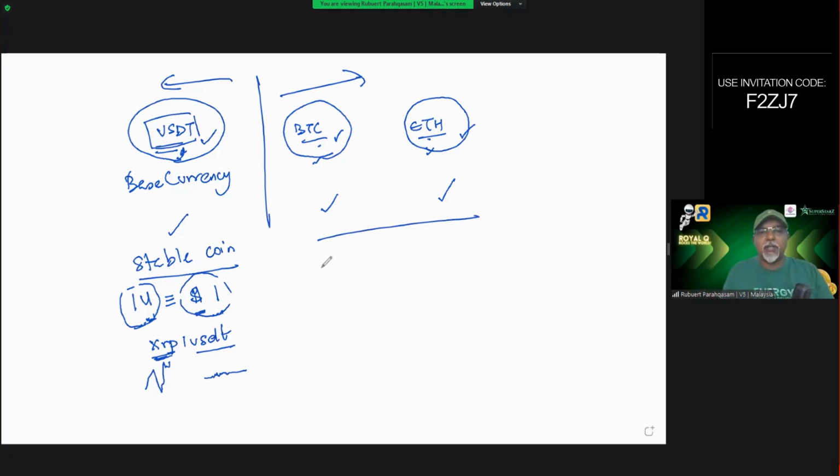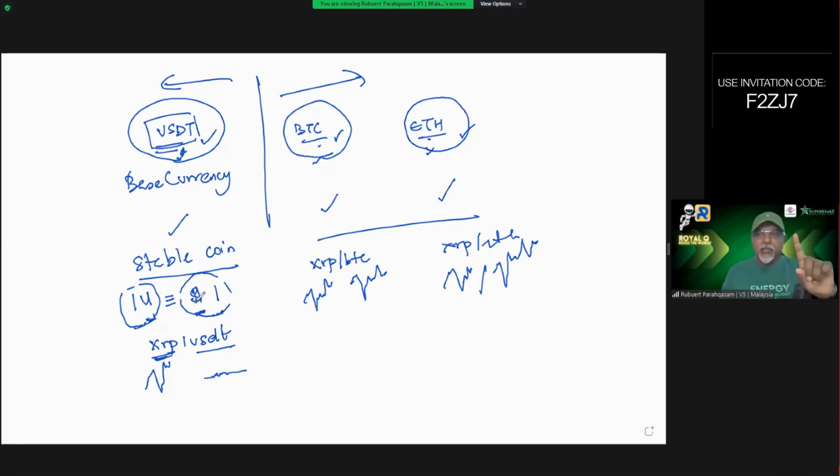For example, if you are trading XRP, BTC, BTC is also volatile. XRP is also volatile. If you are trading XRP, ETH, you have to remember ETH is also volatile. XRP is also volatile. So both sides are volatile. In the USDT market, only one side is volatile. The other side is pegged.